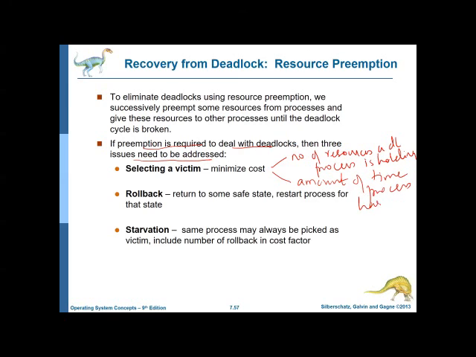How much time it has spent doing its task, how many resources it is holding. Based on this, if you are able to minimize the cost, the order of preemption with minimum cost we have to do first, and that way we can select a particular victim for preemption.